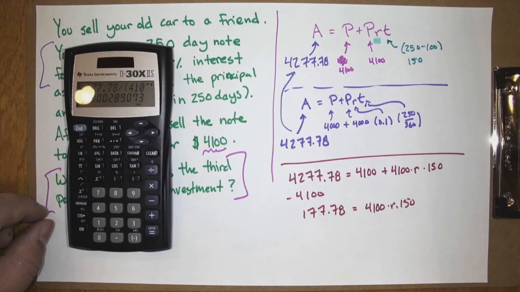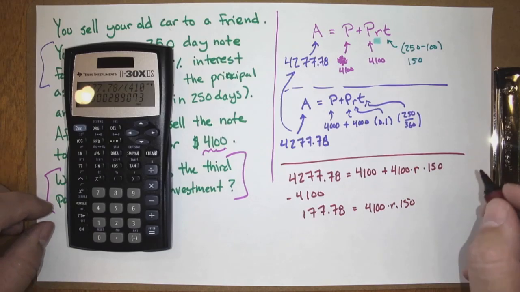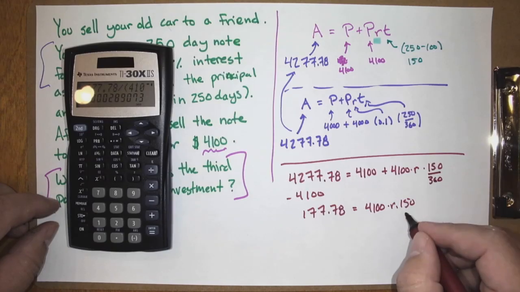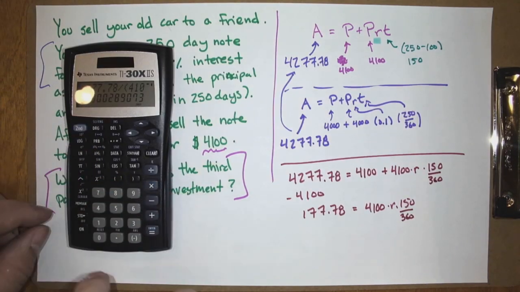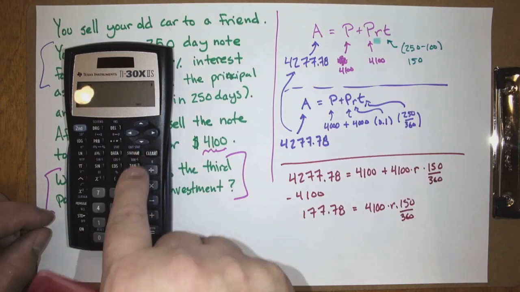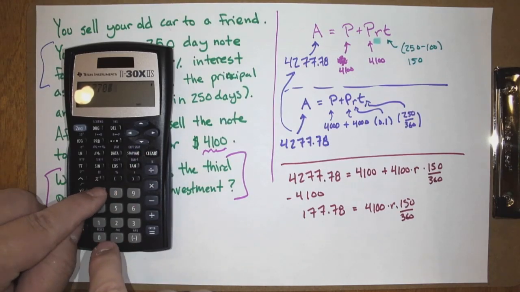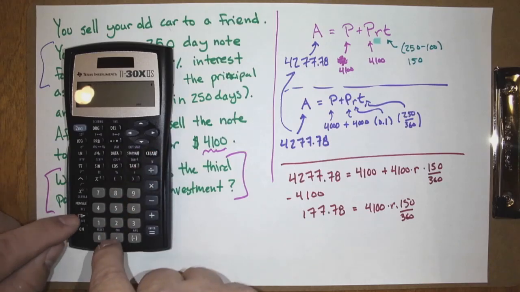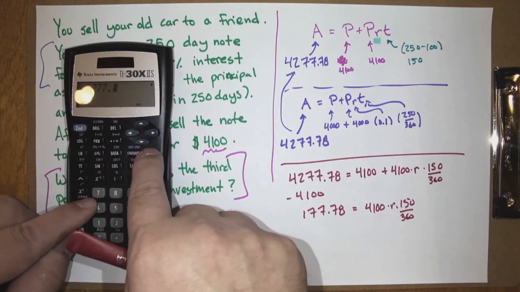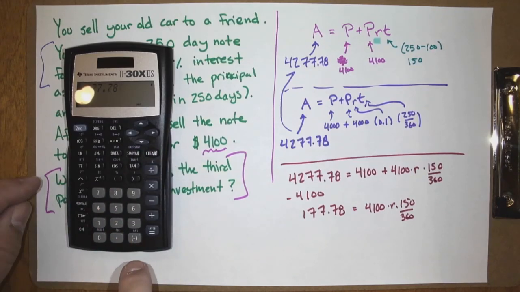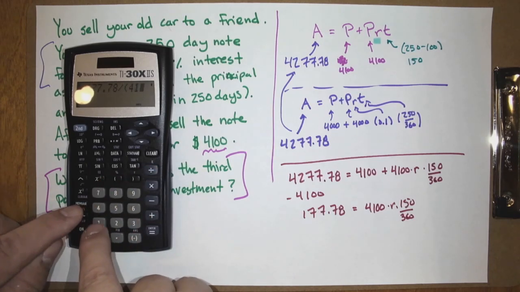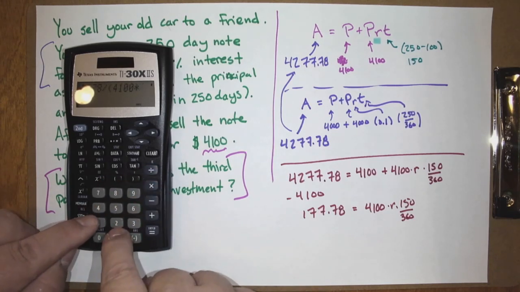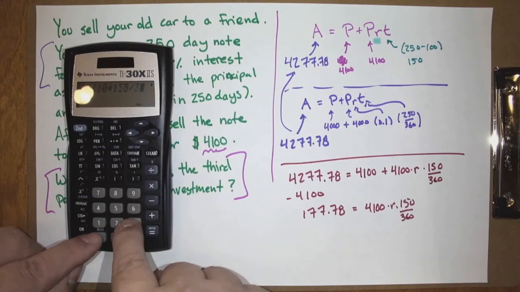That does not look right. Ah! I forgot my 360. Thank you. That interest rate is way too low. See, that's how you know. If it doesn't feel right, you catch your mistakes. Now, unfortunately for you, you don't get to do the exam in front of a live studio audience. Okay, divide by, parenthesis, 4,100 times 150 divide by 360.